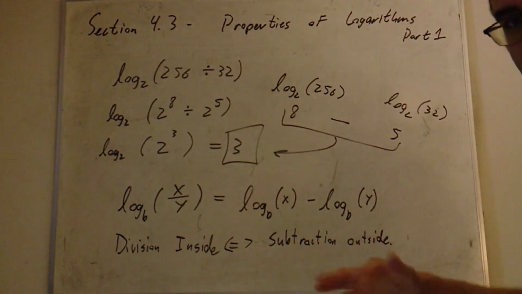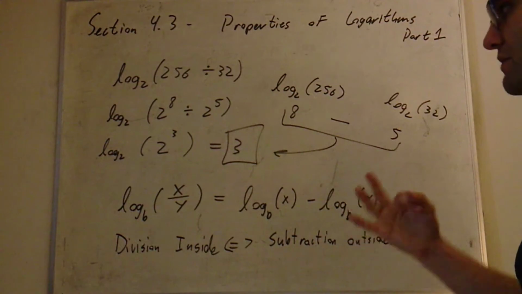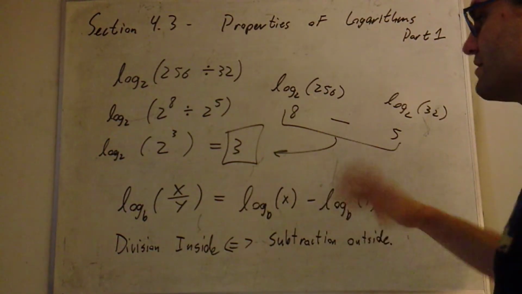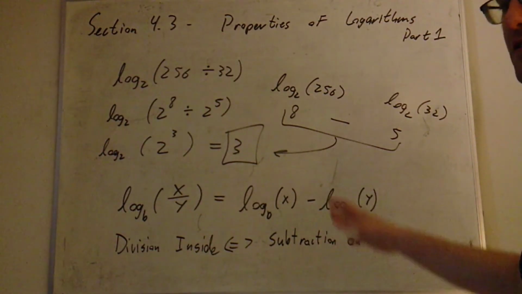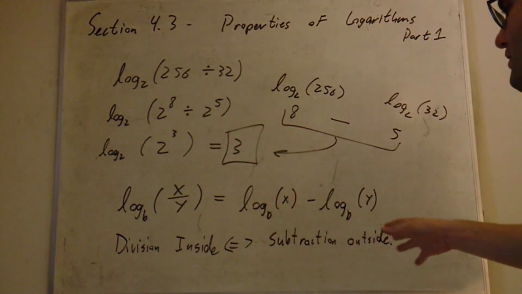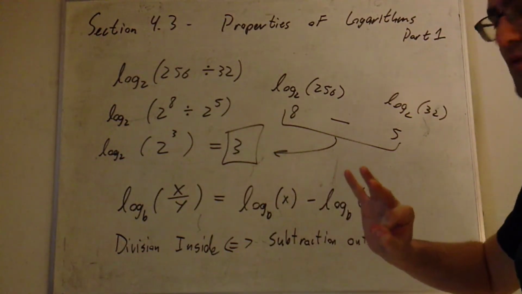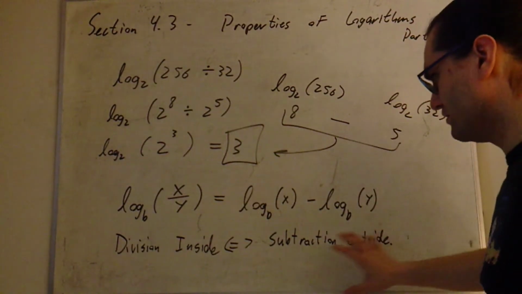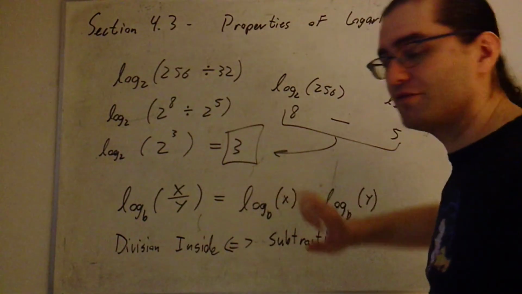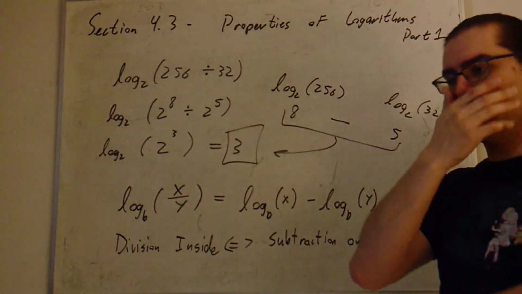There is a third property of logs that corresponds to the third property of exponents that we talked about before. But before we get into the third one, I want to pause and talk about these first two for just a moment.